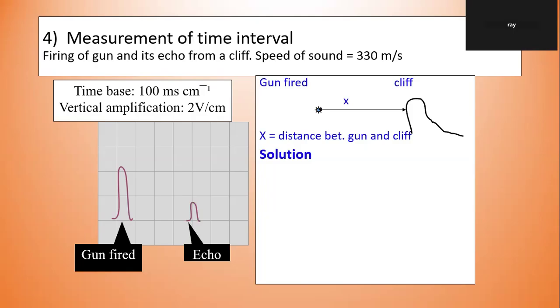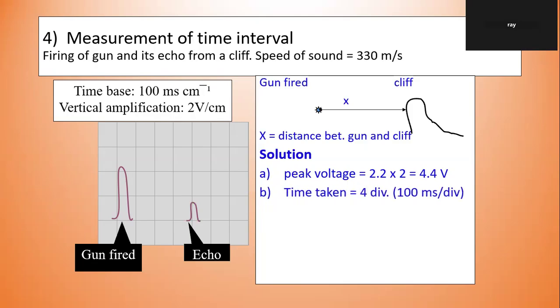Right? X is the distance between gun and cliff. So what's the time? What's the distance x? How to calculate the distance x? Can. 2.2 times 2.